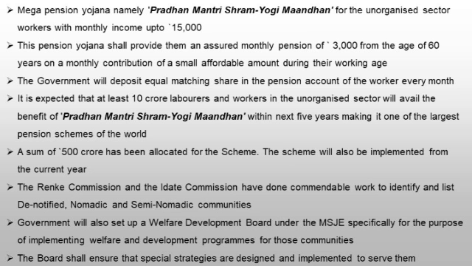So two commissions were appointed, the Renke Commission and the Idate Commission, which have identified these denotified nomadic and semi-nomadic communities. So now the government says they will set up a separate welfare development board under the Ministry of Social Justice, so that this welfare board can help to implement various schemes related to these communities.